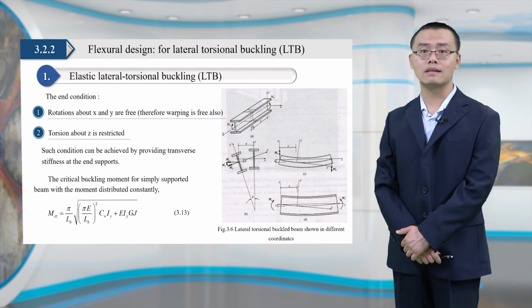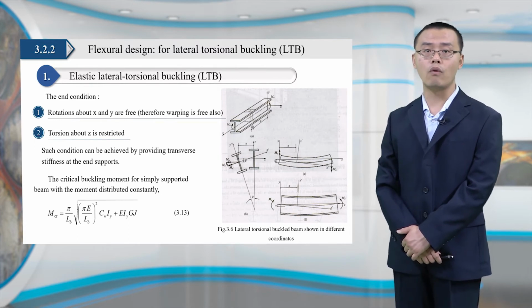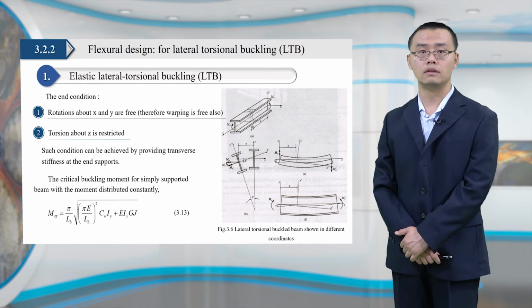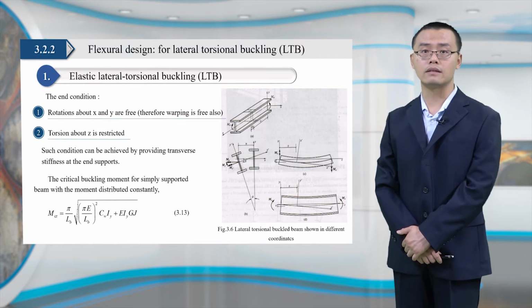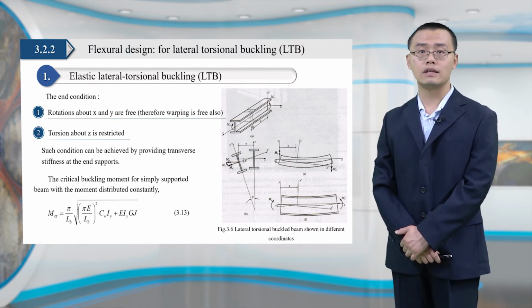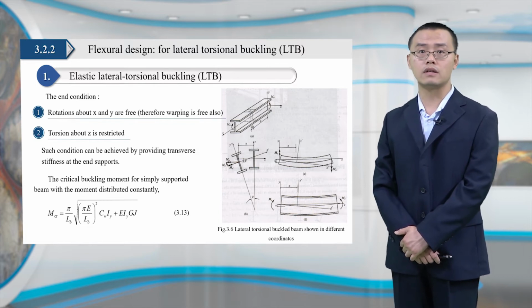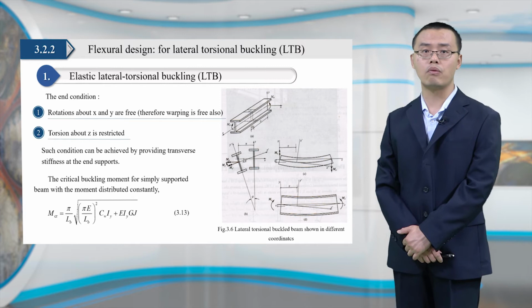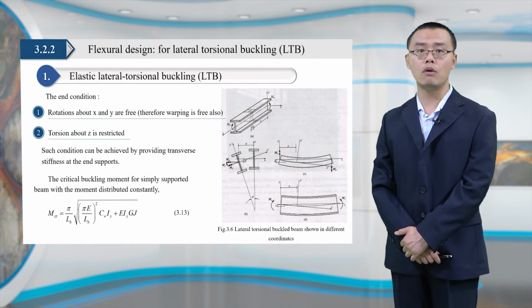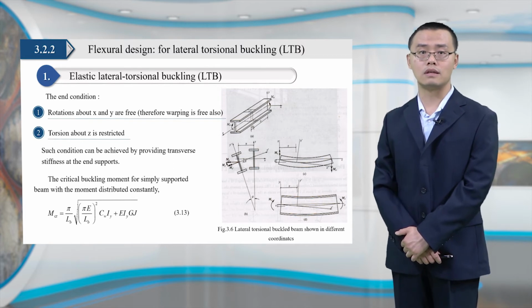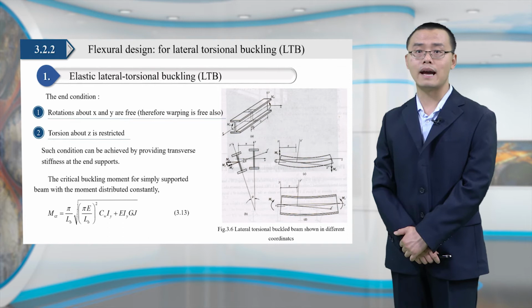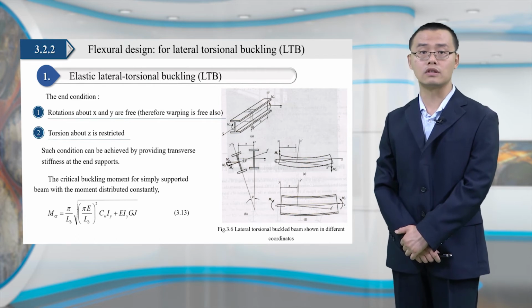Rotations about X and Y are free, therefore warping is free also. Torsion about Z is restricted. Such conditions can be achieved by providing transverse stiffness at end supports. The critical buckling moment for a simply supported beam with a constant moment distribution is expressed as formula 3.13.